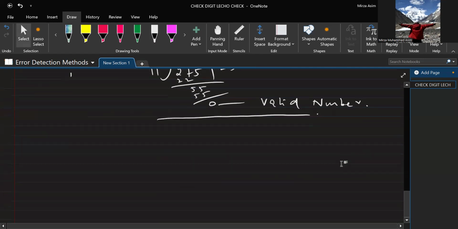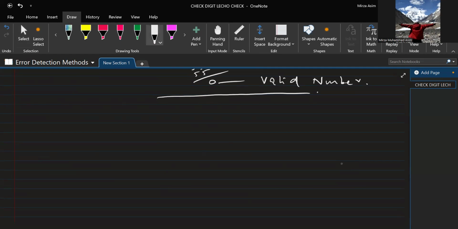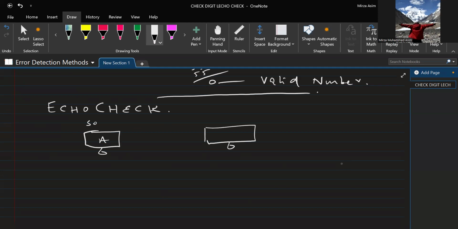Now let's go through the last error detection method, which is called echo check. This is the simplest one. For example, we have two devices, computer A and computer B. Or in short, let me say this is the sender and this is the receiver.